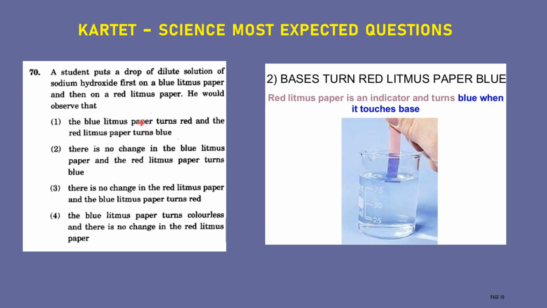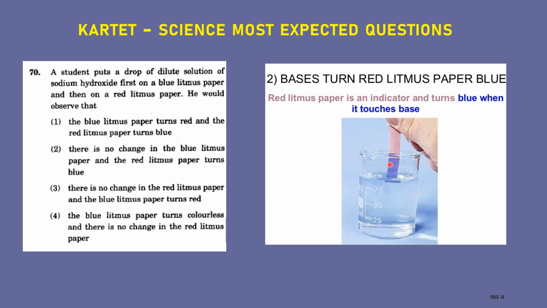Here sodium hydroxide is a base. You know sodium hydroxide will not react with blue litmus paper, so there is no color change in the blue litmus paper. But if you dip red litmus paper in sodium hydroxide solution, as shown in the picture, the red litmus paper turns blue.